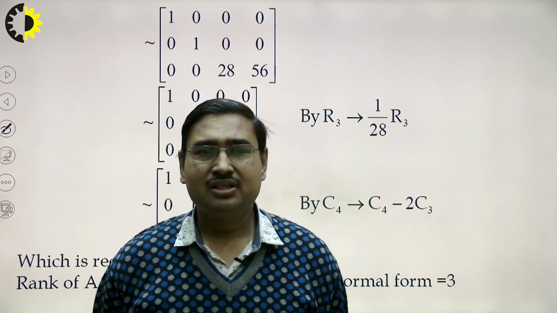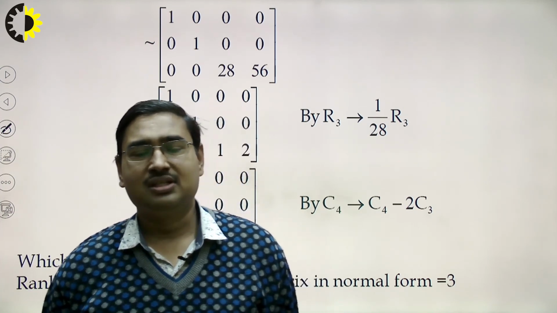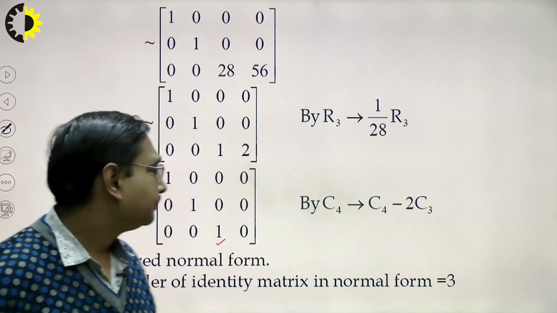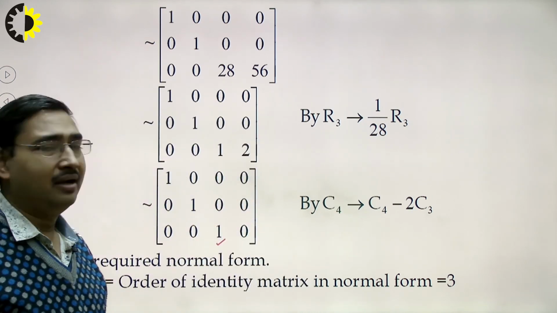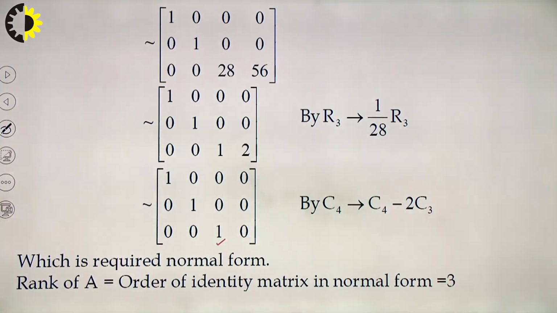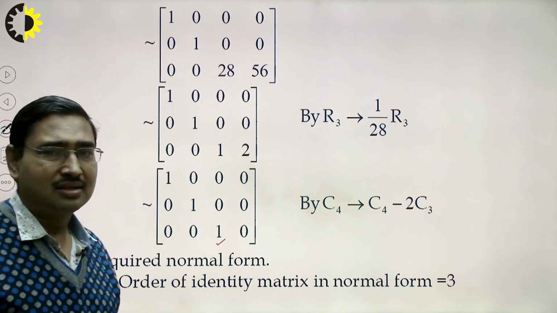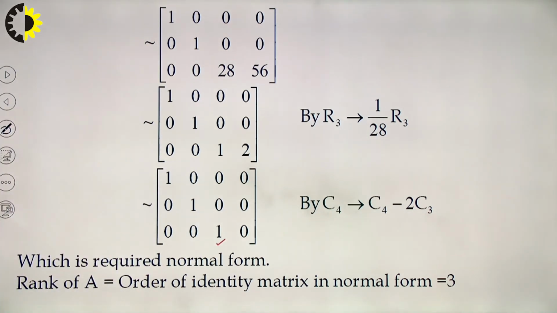The transformations used here can be any transformations which are valid, but it is strongly recommended that we follow the sequence of introducing ones and zeros, because if we follow the specified sequence, it will ensure that the zeros and ones introduced once will not be disturbed in further steps.